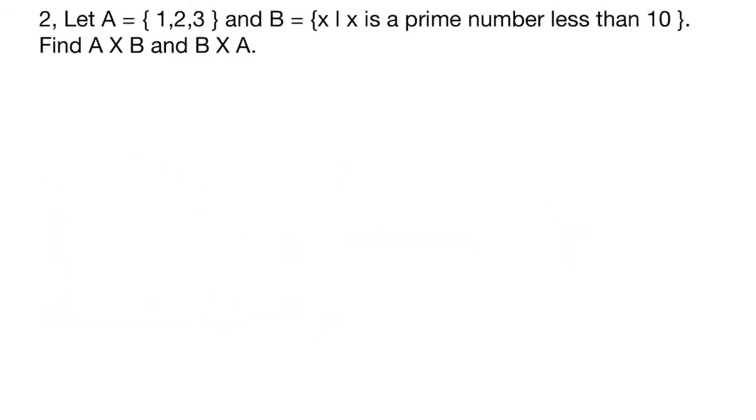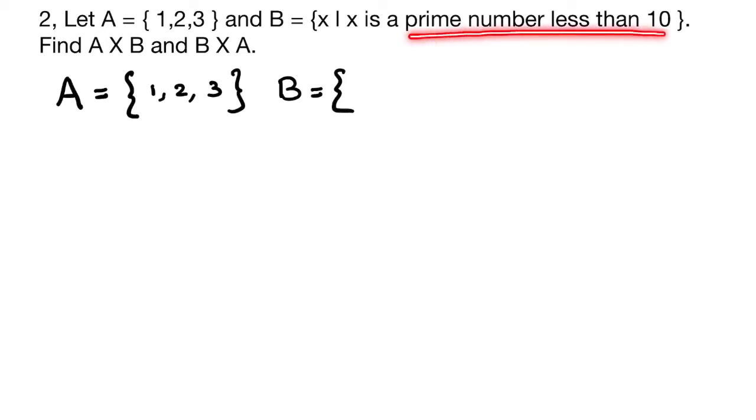Next question. Set A consists of elements 1, 2 and 3. Set B is the set of all x such that x is a prime number less than 10. Find A cross B and B cross A. A prime number has only two factors, 1 and itself.